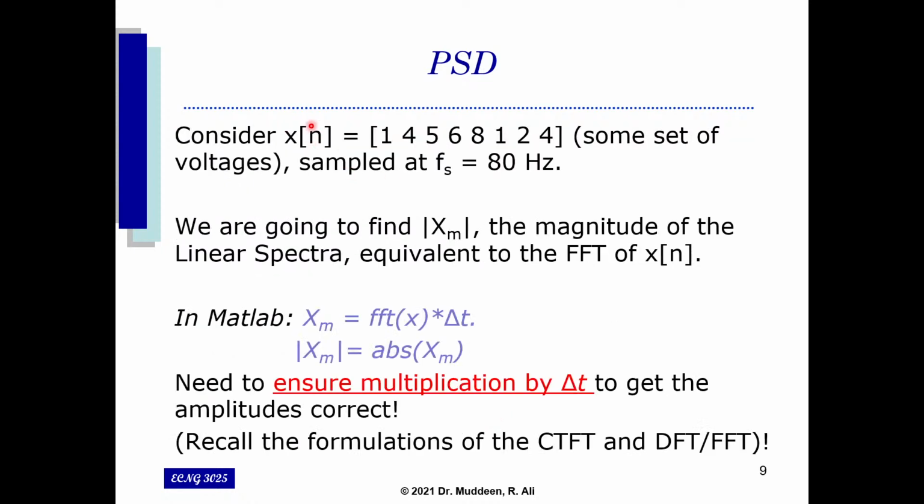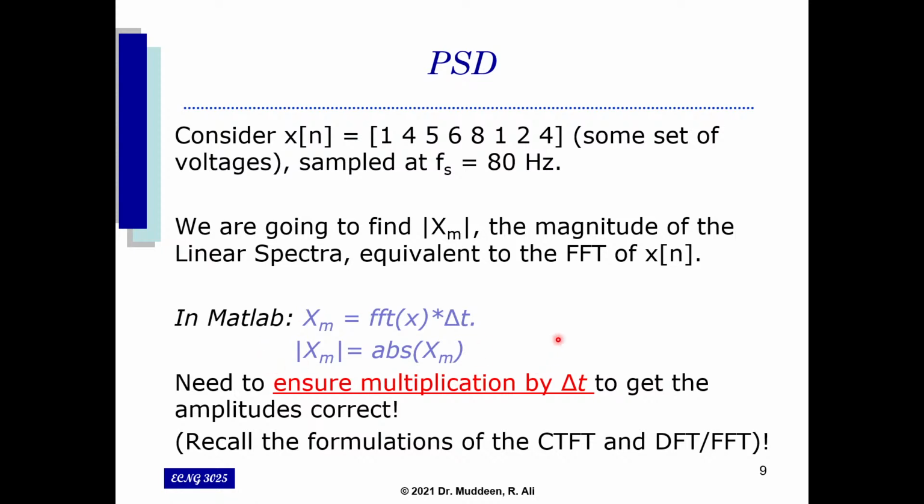So we're going to consider a generic x of n signal, given by this vector of values, and we know the sampling frequency. We can use MATLAB or Octave to transform this x of n signal into its FFT version. We can multiply by delta t and take the absolute values.